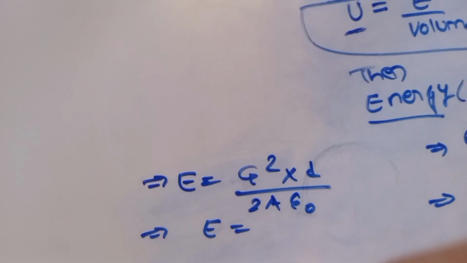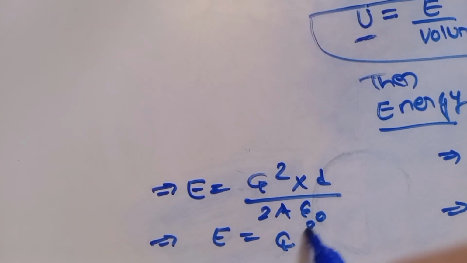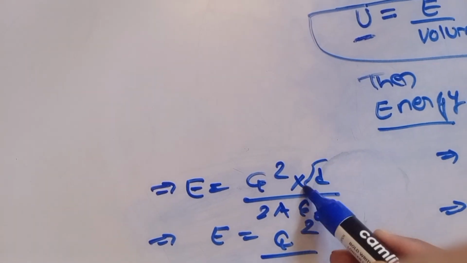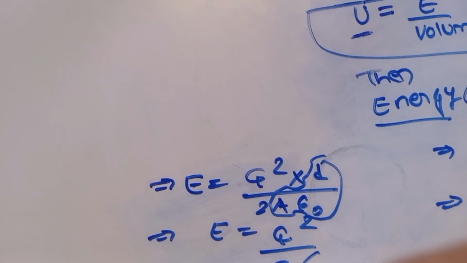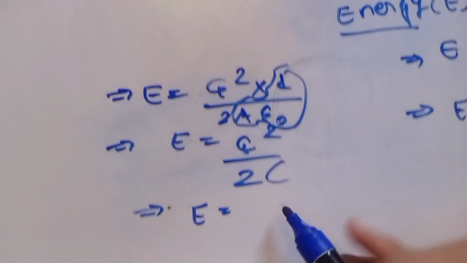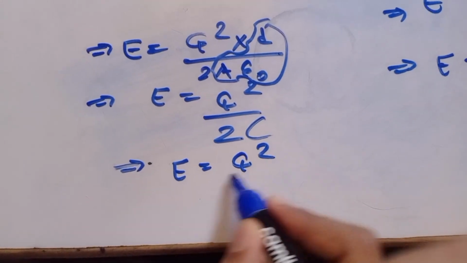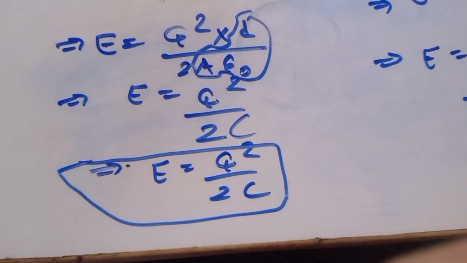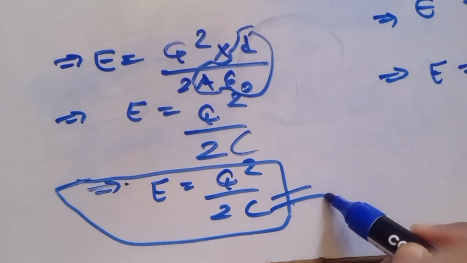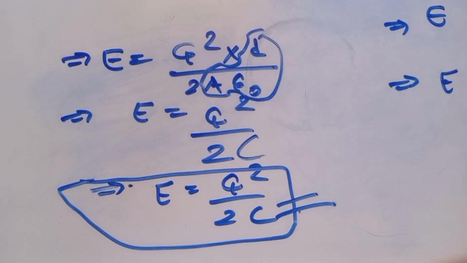E equal to Q square divided by 2, and epsilon naught A by d is C. So E equal to Q square divided by 2C. It is the energy between the parallel plates of a capacitor of capacitance C.